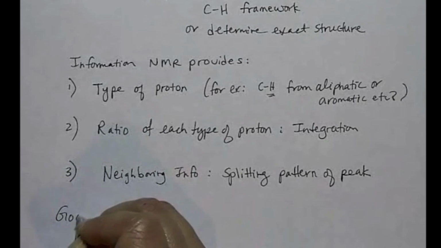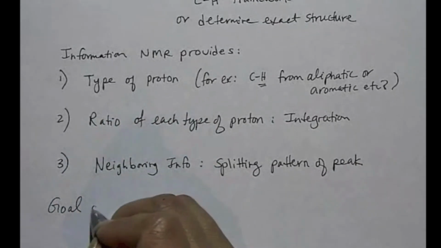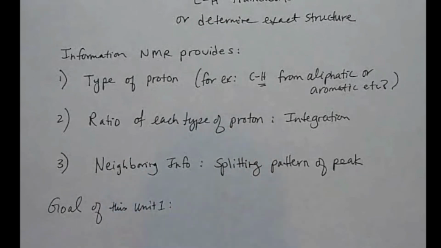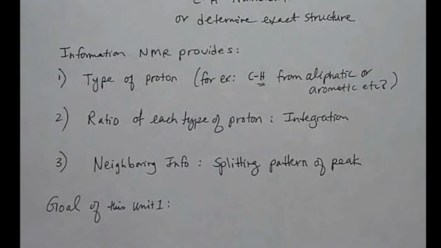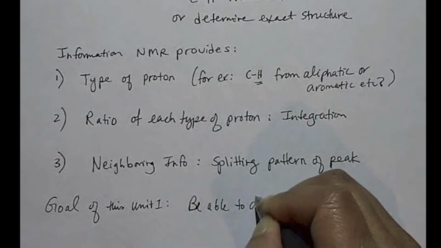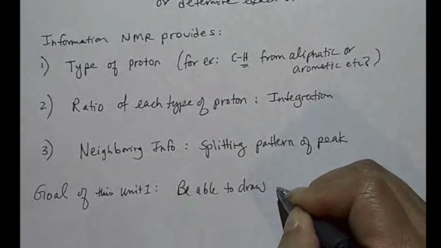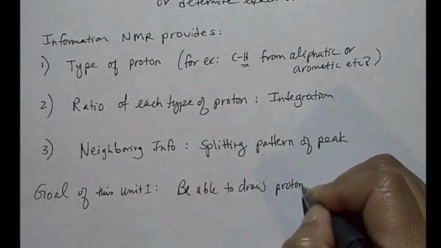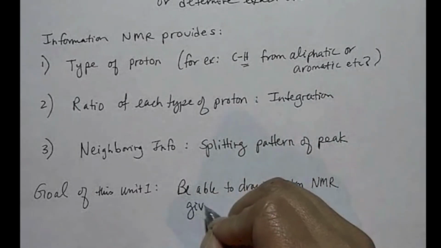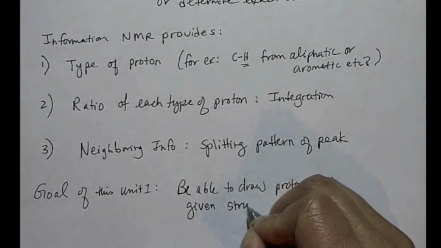So the goal of this unit 1 is for you to be able to draw a proton NMR given a structural formula.